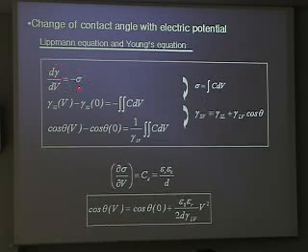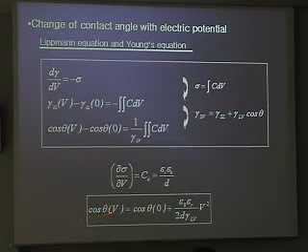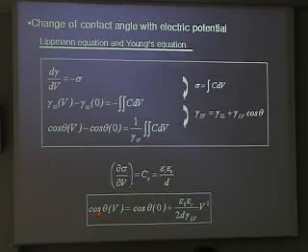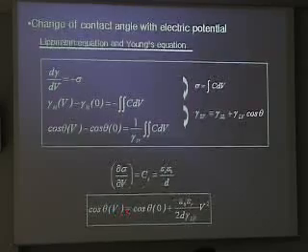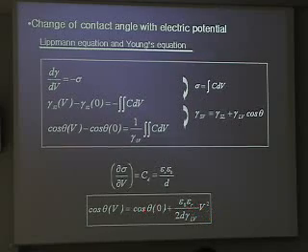By combining this Lippmann equation and the Young's equation we have seen before, we can derive this famous equation. Theta is the contact angle. Cosine theta, when we apply the voltage, equals the zero voltage case plus a certain term which is proportional to the square of this voltage.